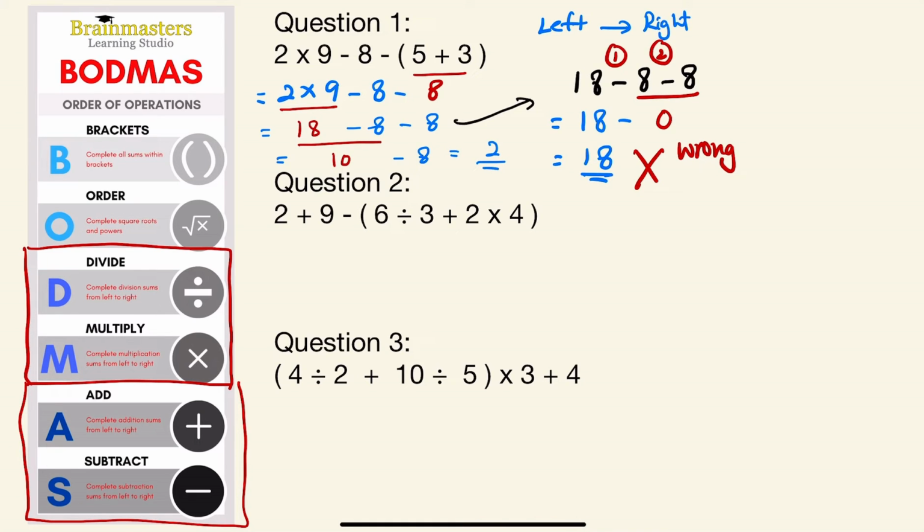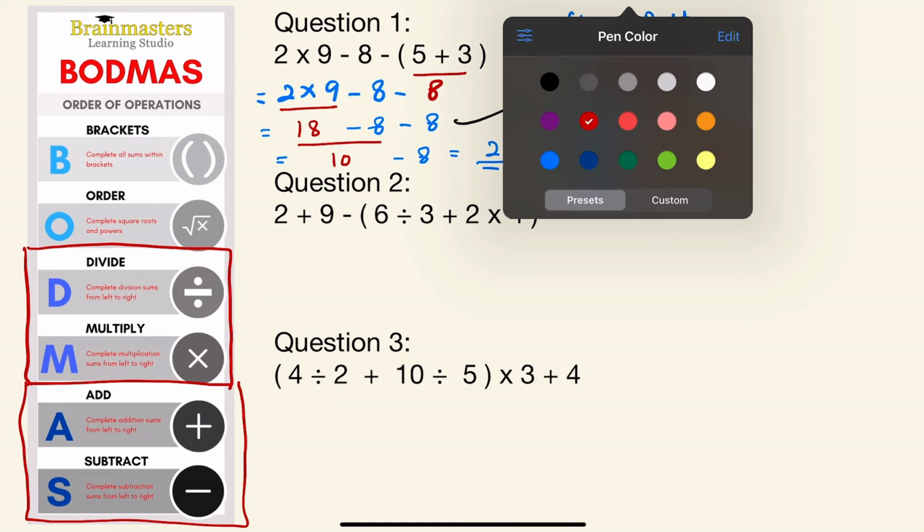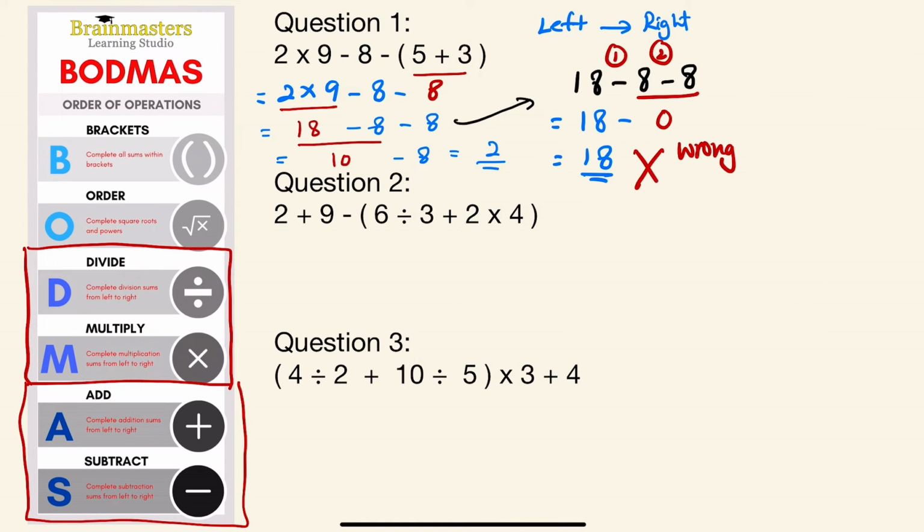Now let's look at the second question. Question 2: I have 2 plus 9, followed by a minus, and then a long bracket. The bracket inside consists of 6 divided by 3 plus 2 times 4. Same thing, we look at the bracket first.